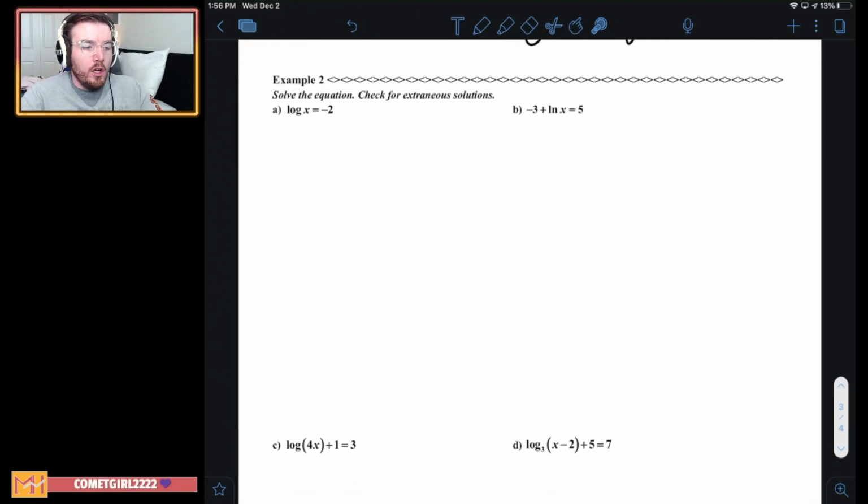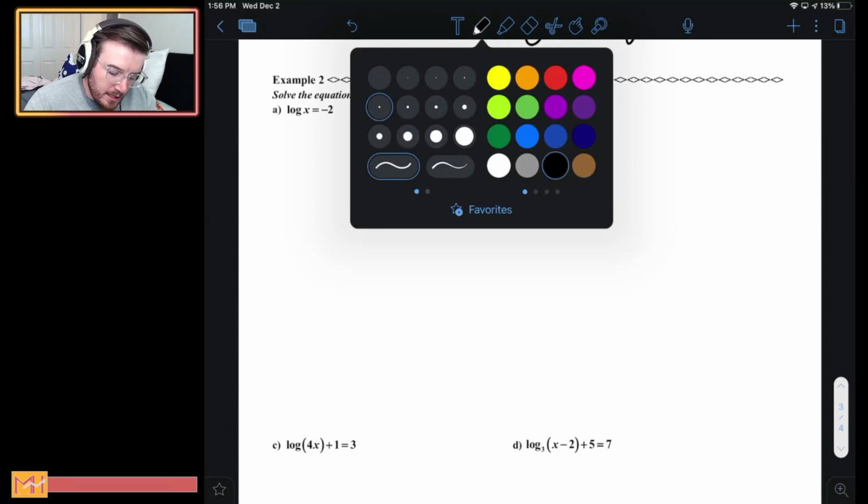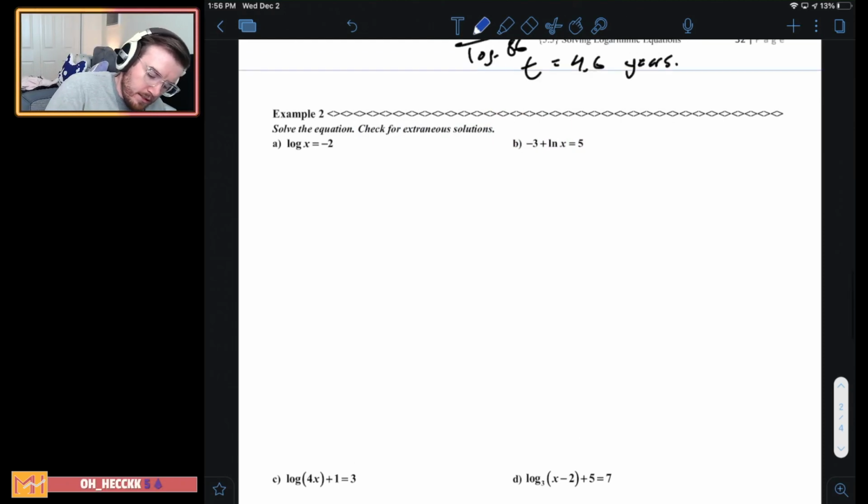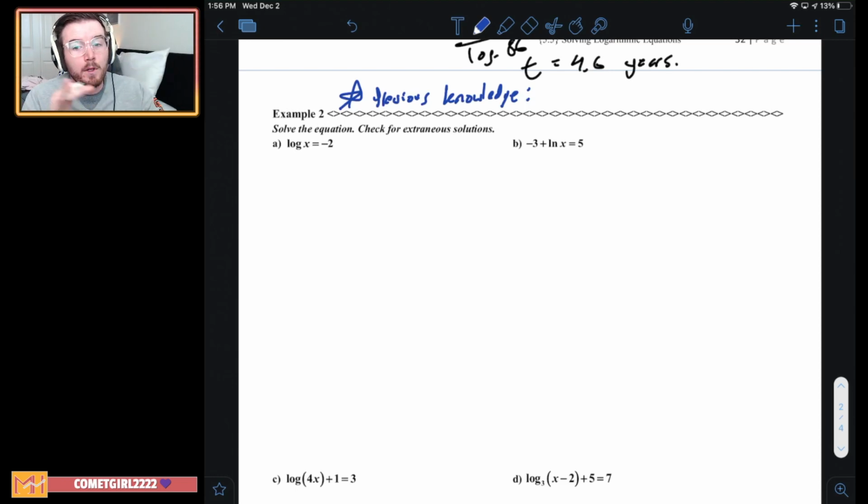All right, so let's turn it on its head a little bit and look at these log equations. So now we don't have exponential equations, we have logarithmic equations. Let's do a little star again, some previous knowledge. This is from a couple lessons back when we first introduced the logarithm.